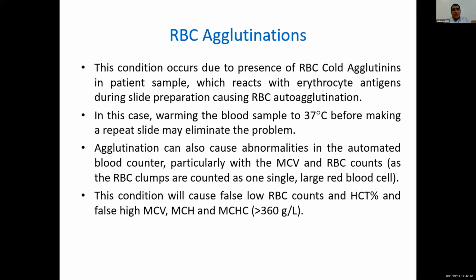This condition will cause false low RBC counts and hematocrit percentage and false high MCV, MCH, and MCHC results. And here MCHC will be more than 360 gram per liter.